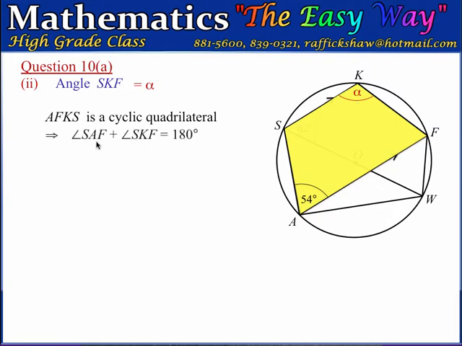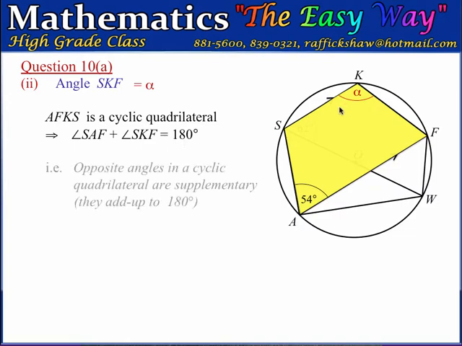Angle SAF plus angle SKF is equal to 180 degrees, and that is because opposite angles in a cyclic quadrilateral are supplementary, meaning they add up to 180 degrees. And therefore, we can write 54 degrees plus alpha equals 180 degrees.